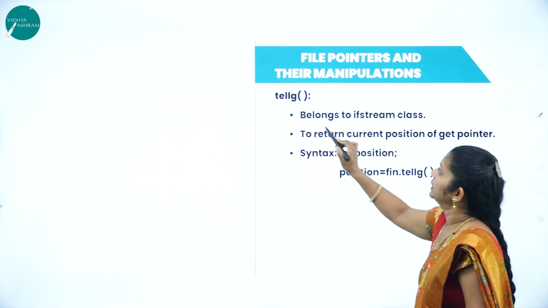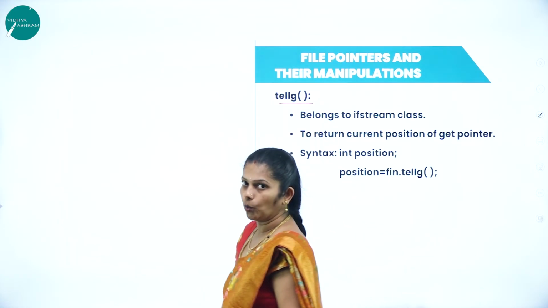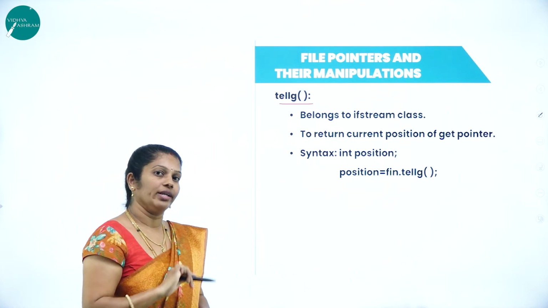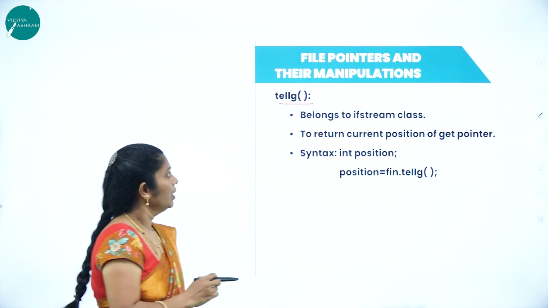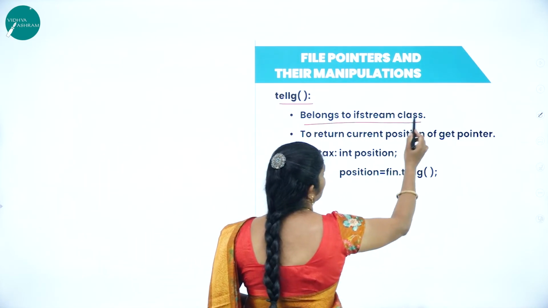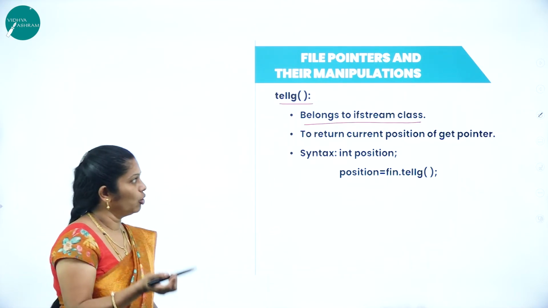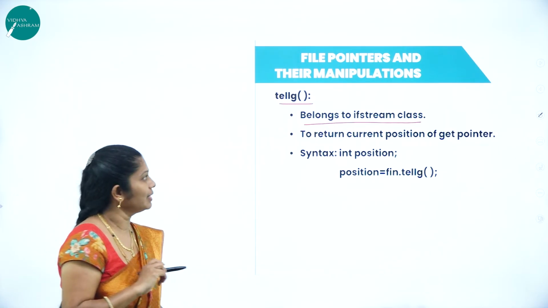Next we will move on to the tellg function. Whereas tellg, the name itself tells you, it will tell you where exactly the get pointer is present, that is, where the reading pointer is present. It belongs to the ifstream class, that is, for reading, input.